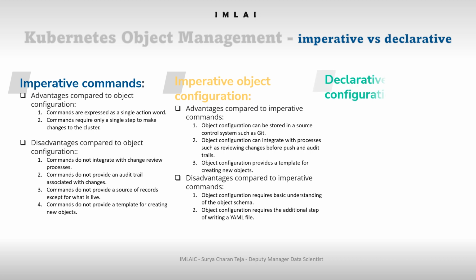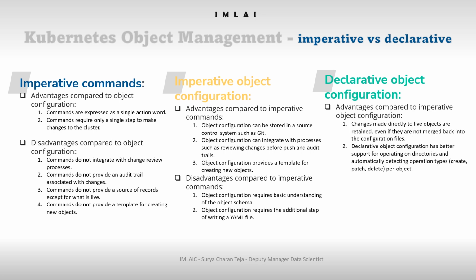Then we have declarative object configuration. Advantages of declarative object configuration compared to imperative object configuration: changes made directly to live objects are retained, even if they are not merged back into the configuration files. The declarative object configuration has better support for operating on directories and automatically detecting operation types.